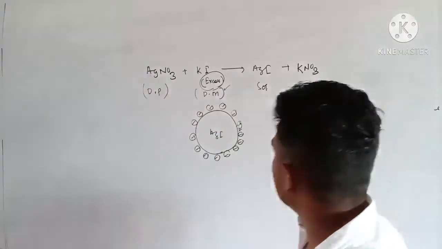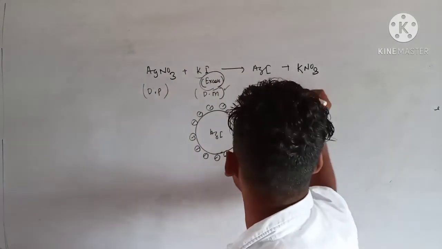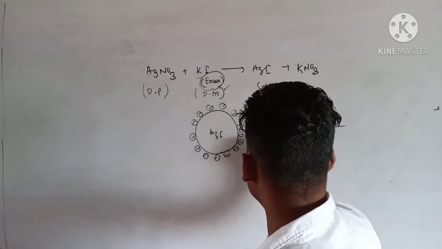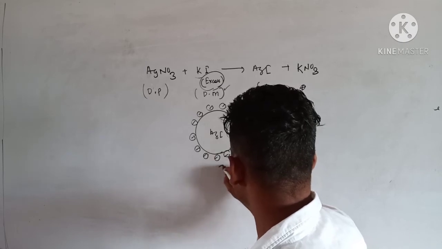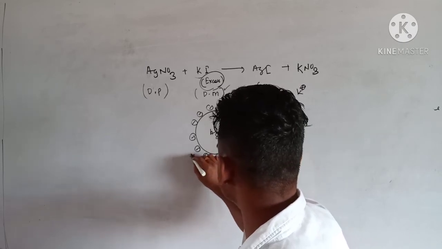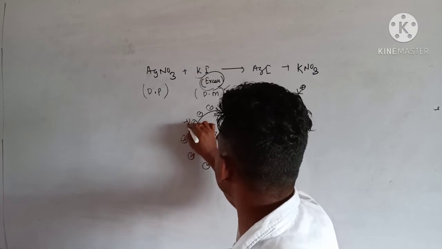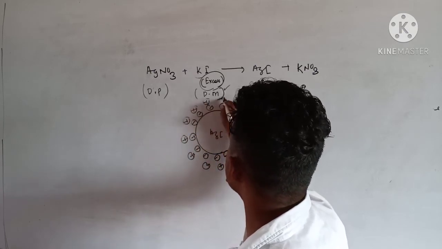Then what about these potassium ions? K plus are also there. They will remain just within this electric field. Plus, plus, plus, plus, positive. These are potassium ions.